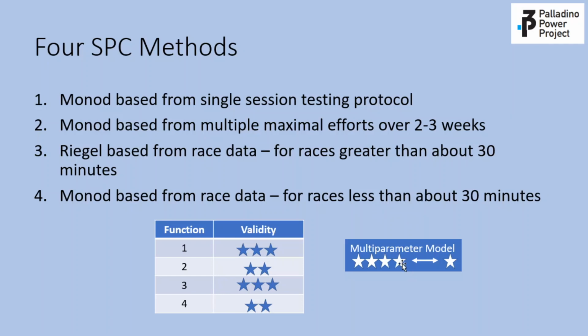So you can have an FTP CP estimate which is really tight and better than any of these if you have a really good protocol where you're testing at 10 seconds and 1 to 3 minutes and or 5 to 8 minutes and 20 to 40 minutes on a regular basis.